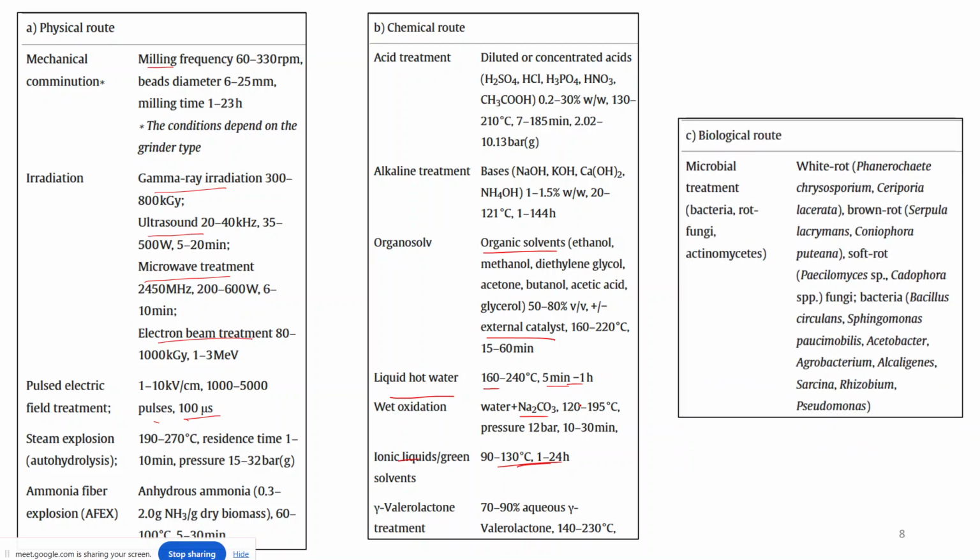In biological treatment, various kinds of bacteria are used, like white rot, brown rot, and soft rot bacteria, or acidobacter, agrobacterium, or rhizobium. The selection of this bacteria is an important factor for the microbial treatment process.